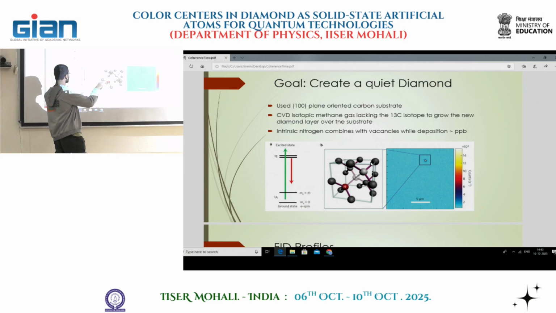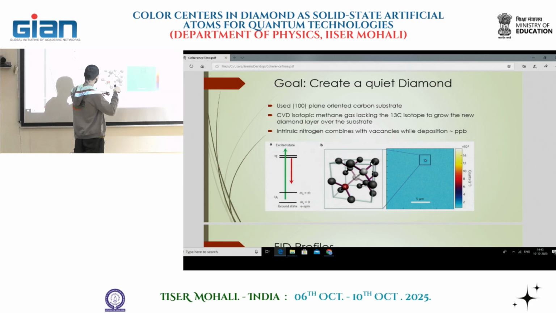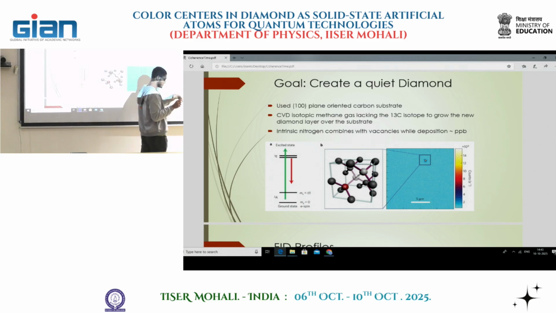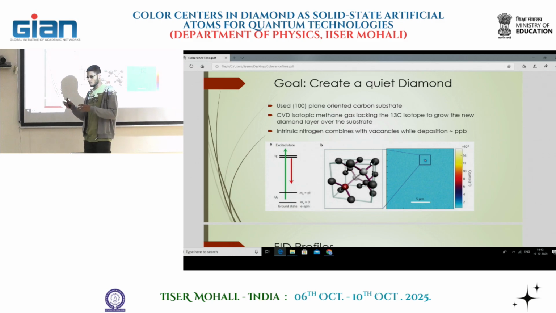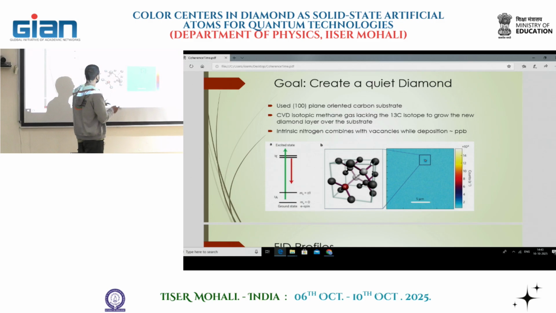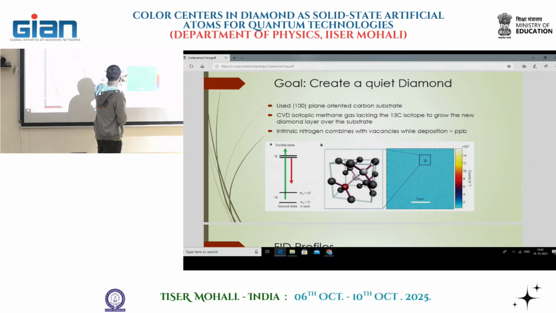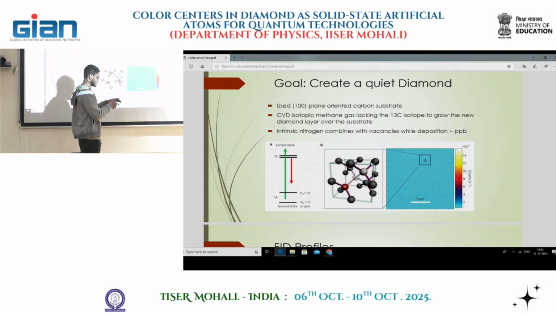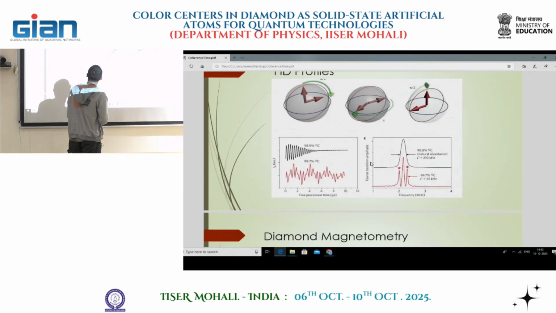The intrinsic nitrogen within the chamber combines with the vacancies within these positions to form the NV sites, and with that we basically get a diamond structure. With the lack of 13C isotopes in the structure, we remove the extra noise contributed by the 13C, and the extra dipolar interaction due to the 13C isotopes within the lattice is also removed to a great extent.